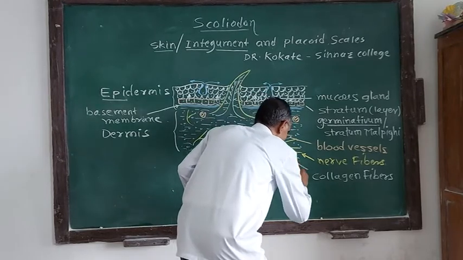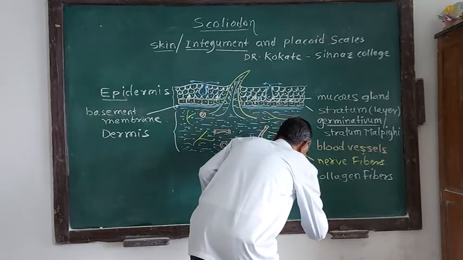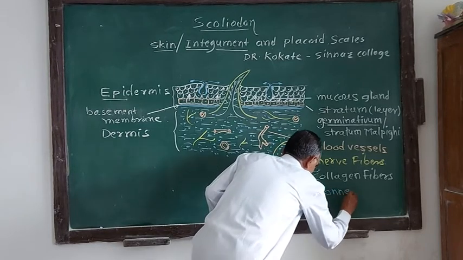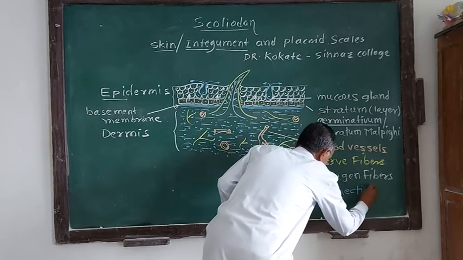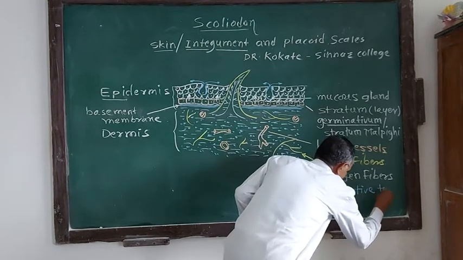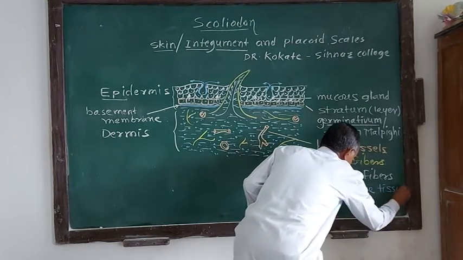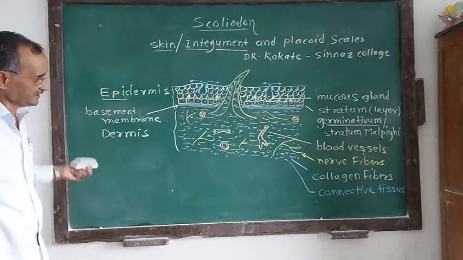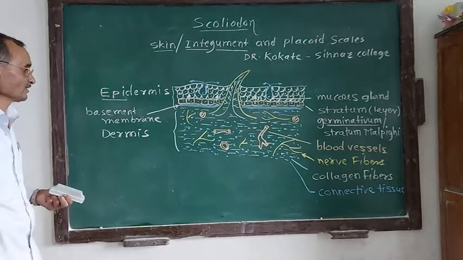So I label it here as connective tissue. So the dermis is composed of blood vessels, nerve fibers, collagen fibers and connective tissue.